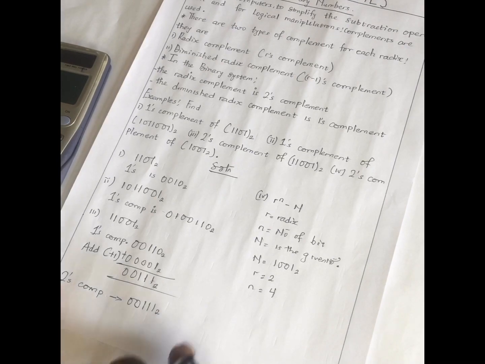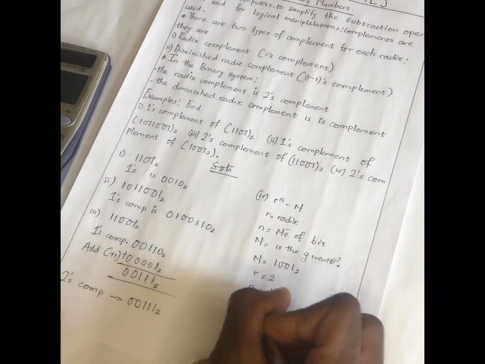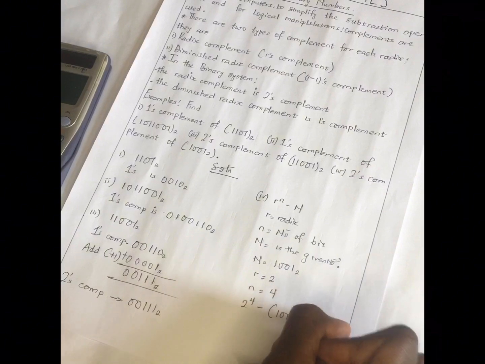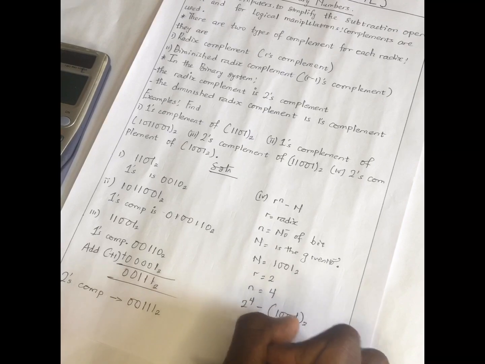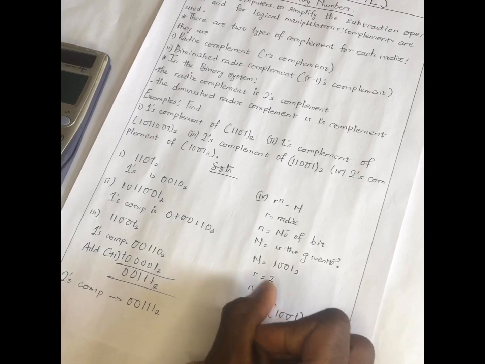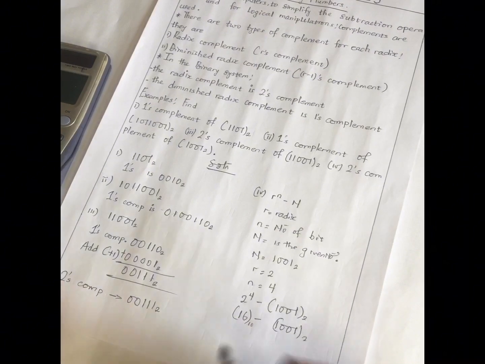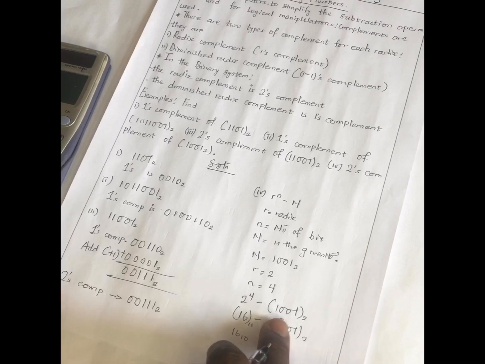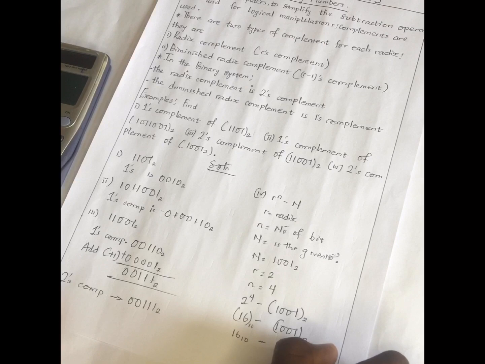Now that we know our r and n, let's substitute them into our formula. We have 2 raised to the power of 4 minus 1001 base 2. 2 raised to the power of 4 is 16 base 10, and we can convert 1001 base 2 to base 10, which gives us 9 base 10.